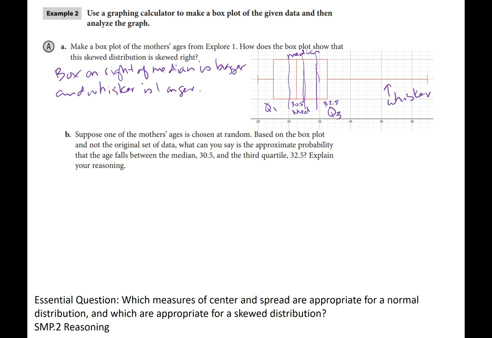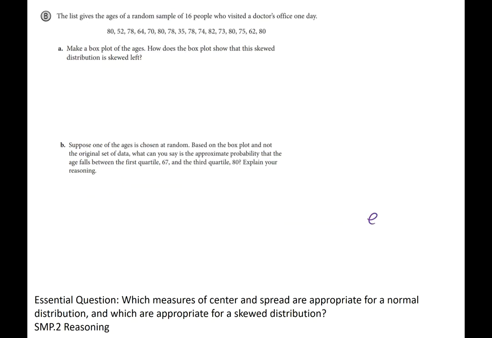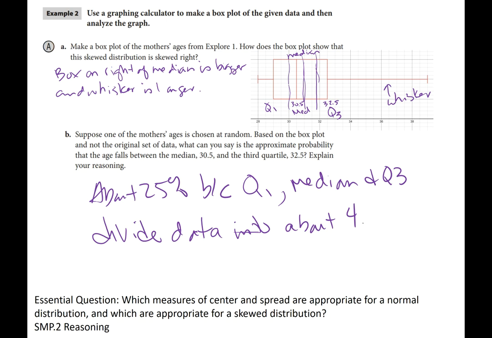So they're saying it's about 25% because quartile 1, the median, and Q3 divide the data into about 4 equal parts.